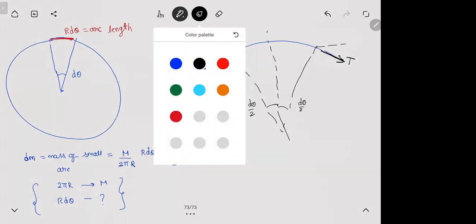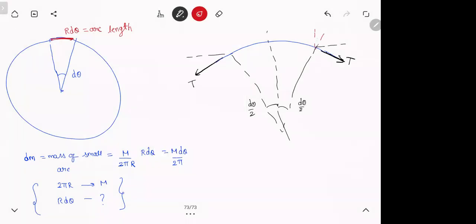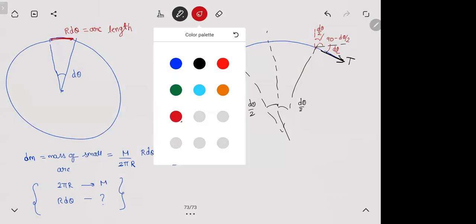If this is d theta by 2, this will also be d theta by 2. This will be 90 minus d theta by 2. So this will be d theta by 2. Similarly, this is also d theta by 2. Then what are the components?